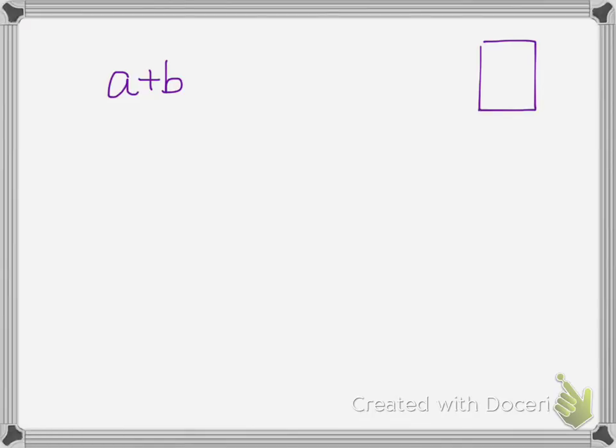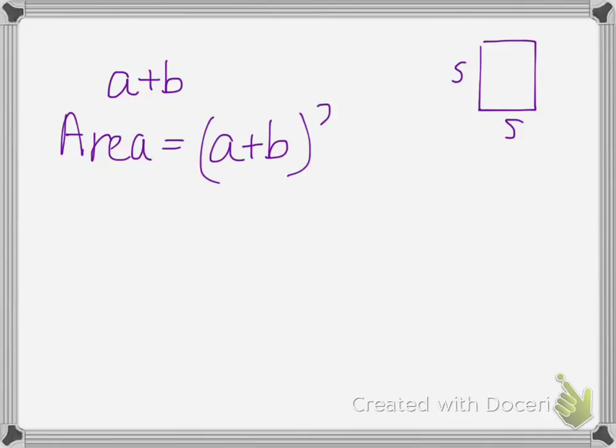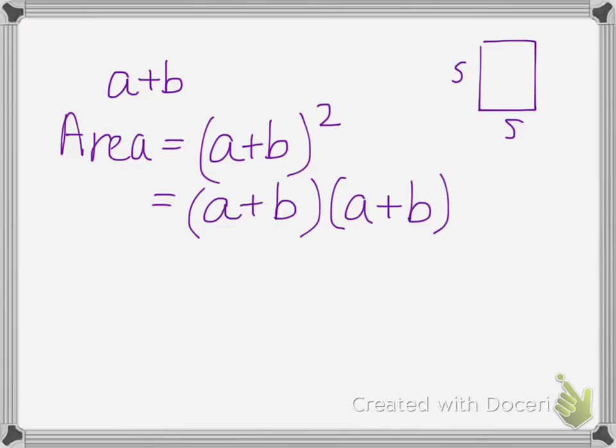The area of that square is going to be the side times the side, right? So the area here is A plus B squared. See if you can do that multiplication using the distributive property. You can pause the video and see if you can do that on your own.